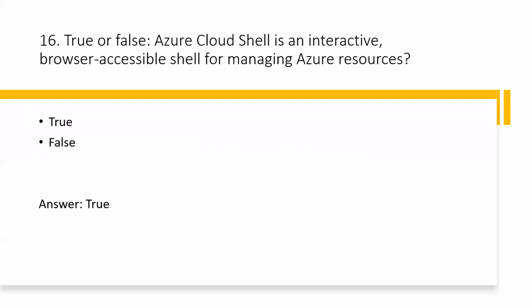If you keep your cursor on those options on top of the portal, you see notifications and your account. There you can see Cloud Shell. Yes, right. Azure Cloud Shell is an interactive browser accessible shell for managing Azure resources.